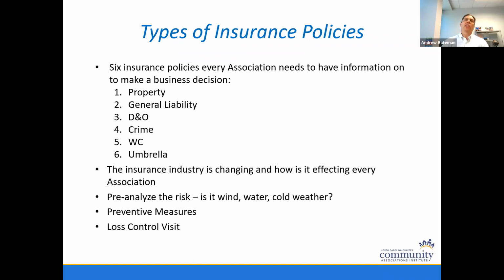Board of directors, the number one thing that a board of directors can do is, of course, communicate. Do preventive measures and communicate to the unit owners what they can do to help prevent claims in the future. Those are hot water tanks bursting.